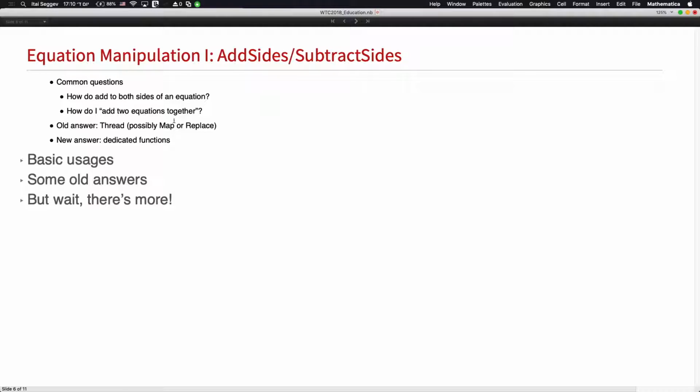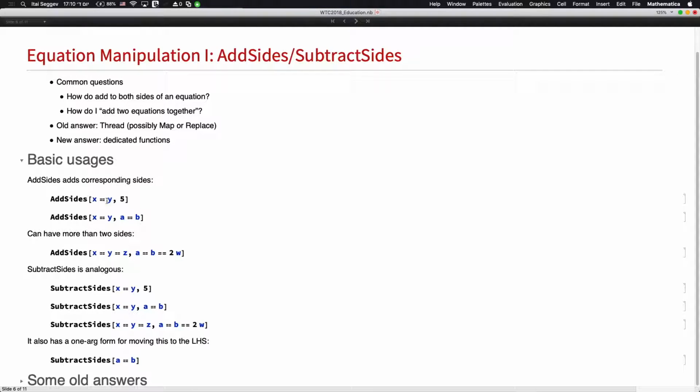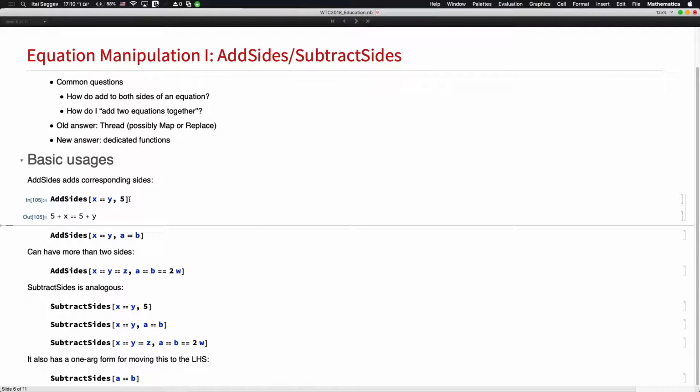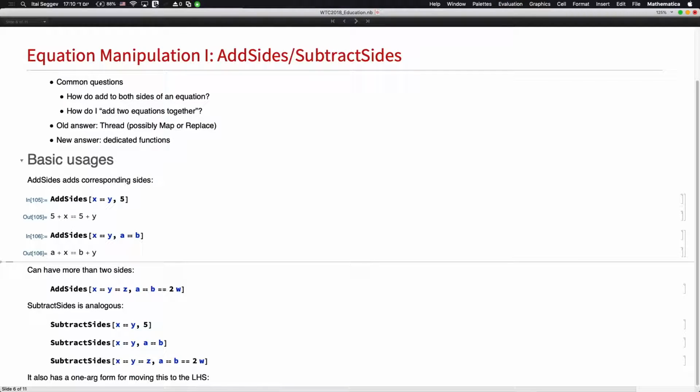The old answer used to be use Thread, or use Replace, or Map, or something else. The new answer is much simpler, use dedicated functions. If you want to add 5 to both sides of the equation, say AddSides to x equals y, 5, and voila. Or if you want to add the respective sides, you can give it a couple of equations.